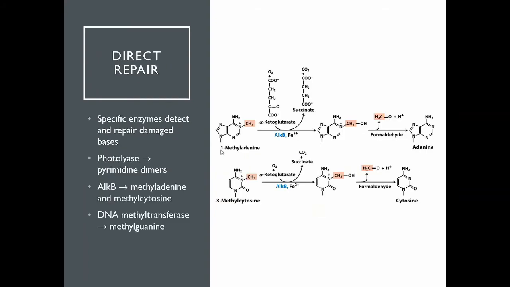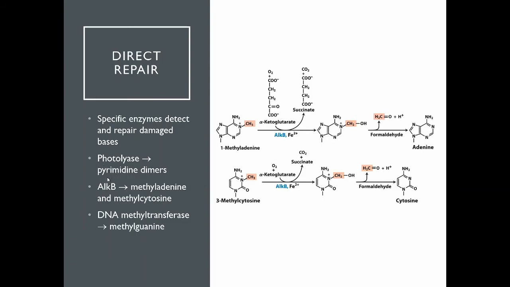And then some types of DNA damage or some types of abnormal bases are so common that we've evolved specialized enzymes just for fixing those mutations. This is called direct repair. So these are just some examples here. For pyrimidine dimers, for example, there are specialized enzymes called photolyases.